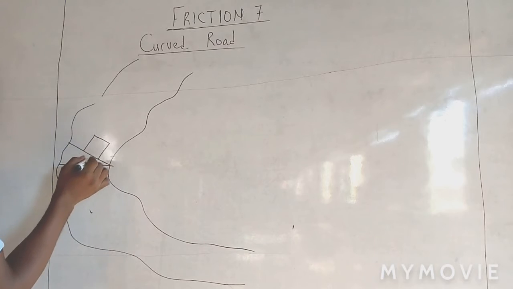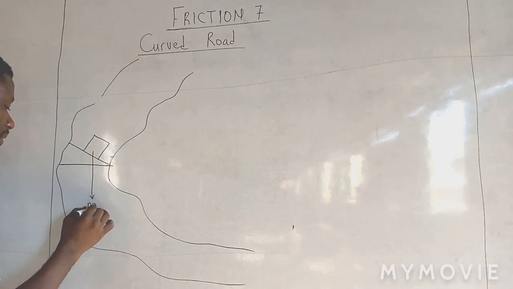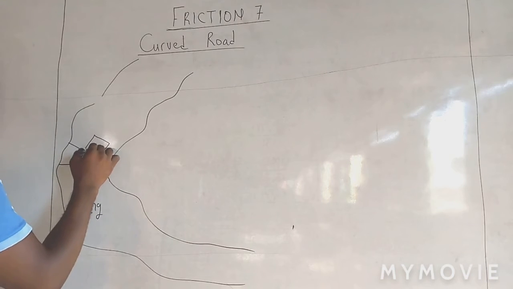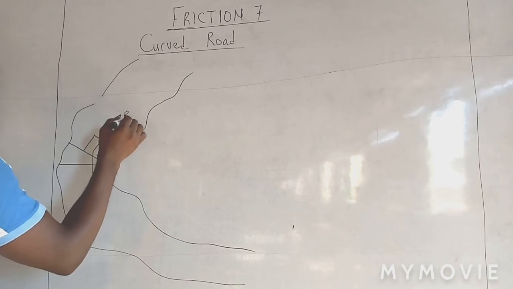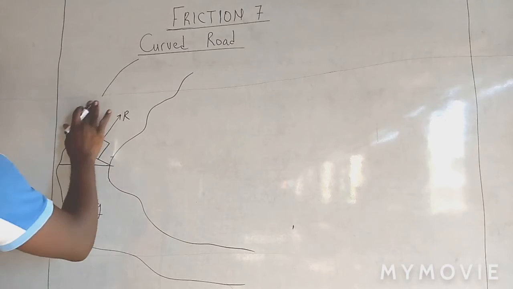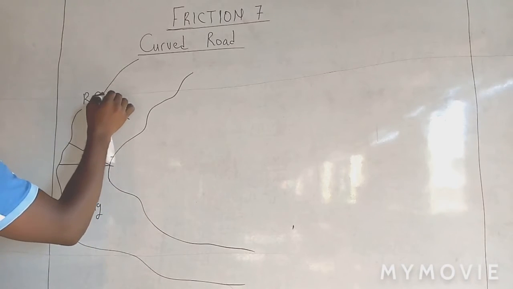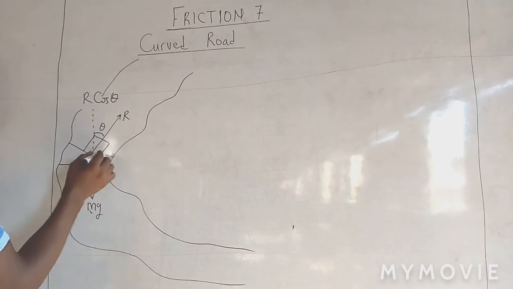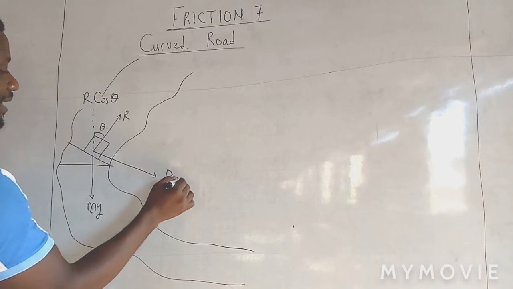The body is like this. This is weight mg, and this is a normal reaction, which is R, and then this is angle theta. When we resolve this R here, we have R cos theta, and when we resolve it here, we have R sin theta.